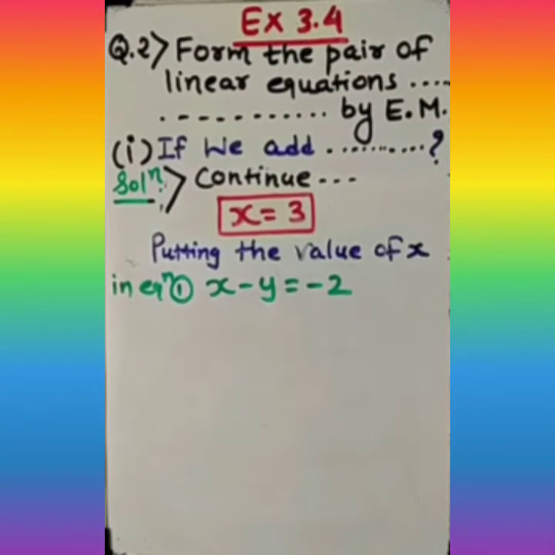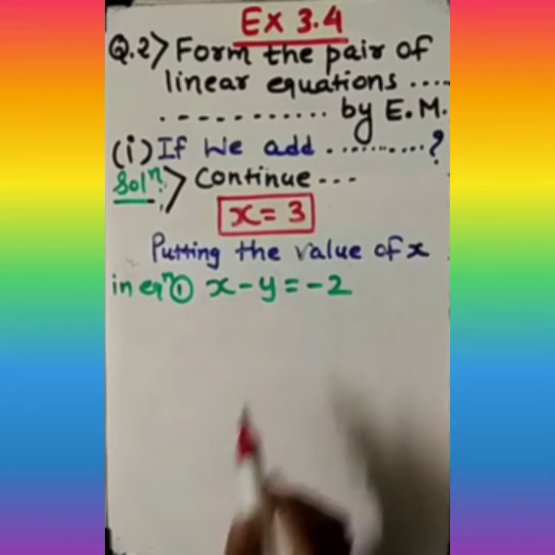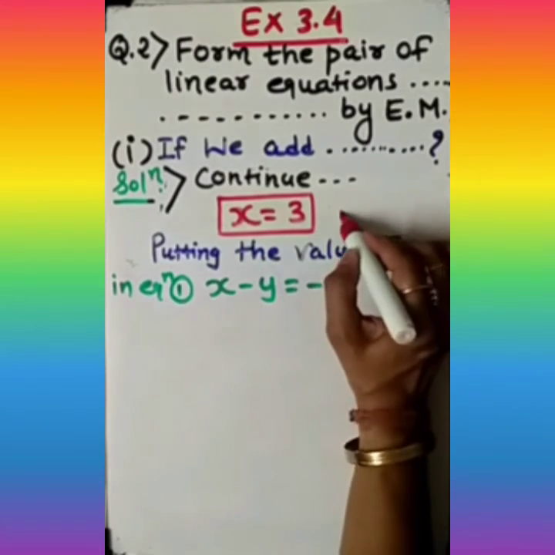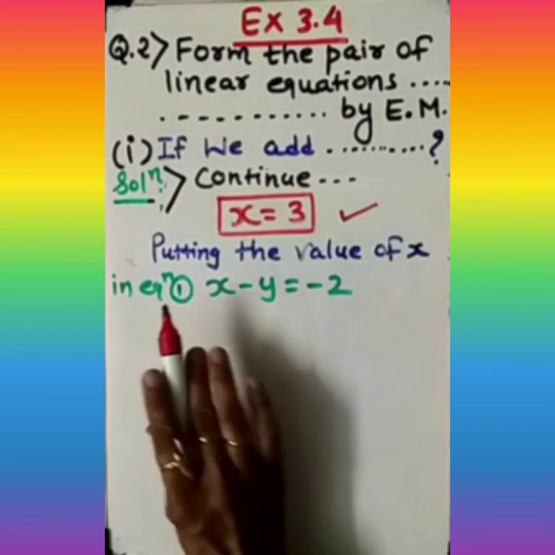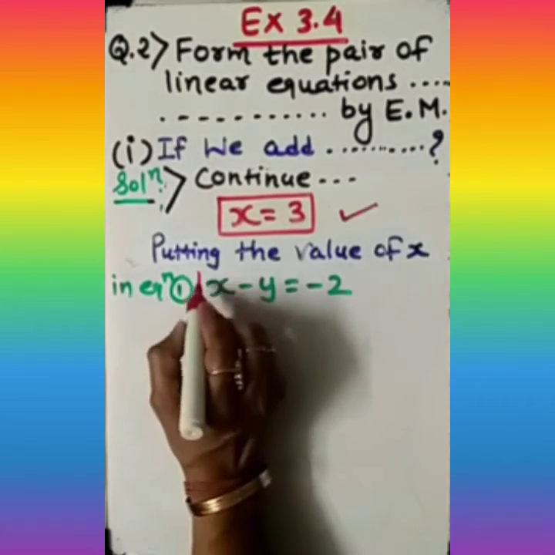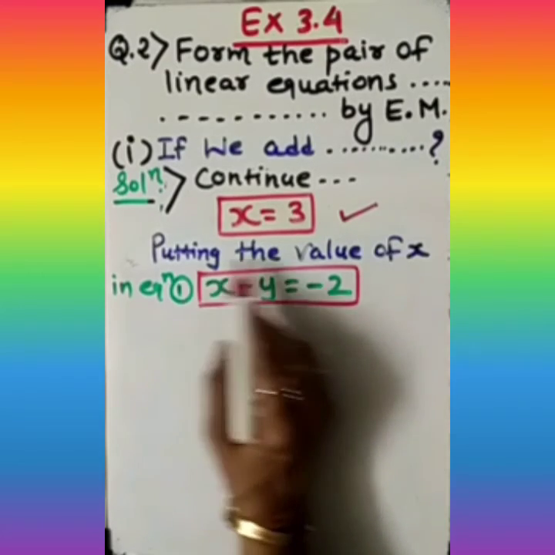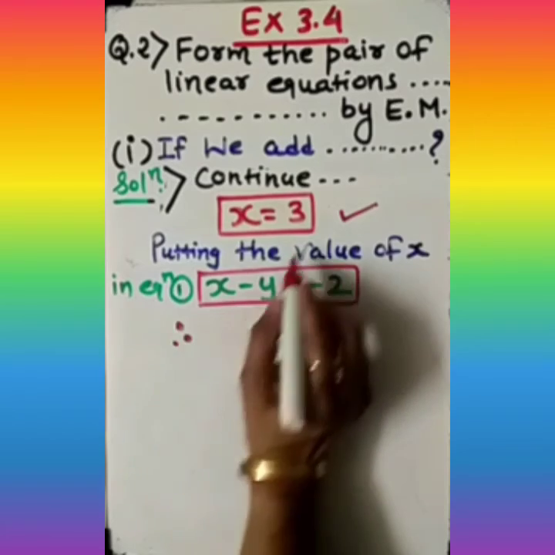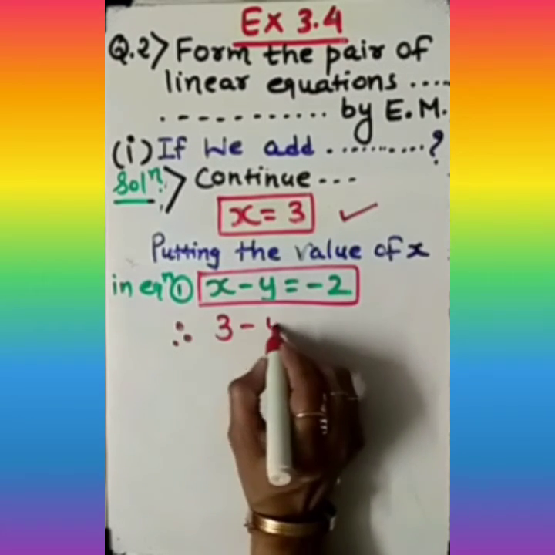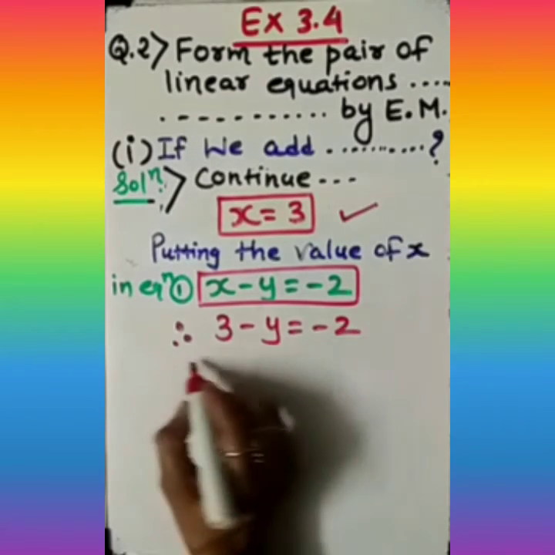Now the same question we are continuing. Here it is x equal to 3, this value we got. Now simply what we have to do is choose any one of the equations. Here I am choosing the first equation and putting the value of x in equation number 1. We know that the value of x is 3 here. So 3 minus y equal to minus 2.